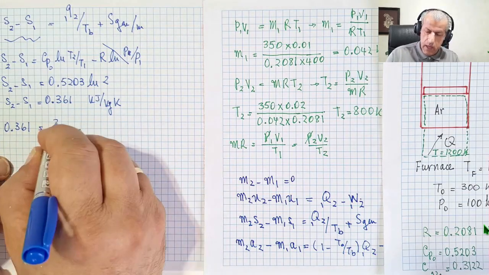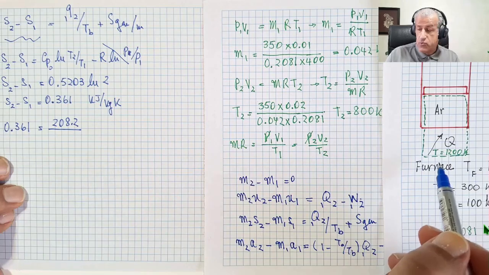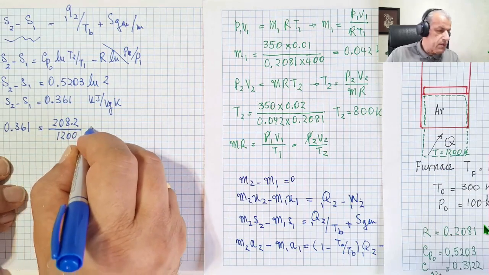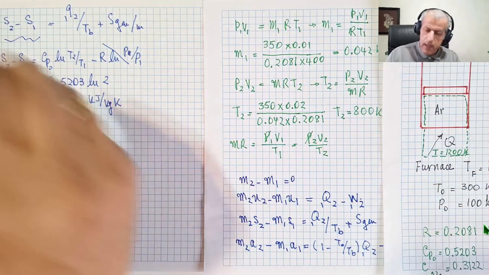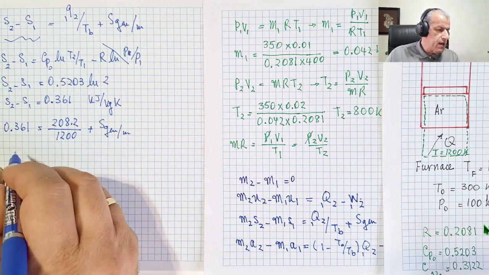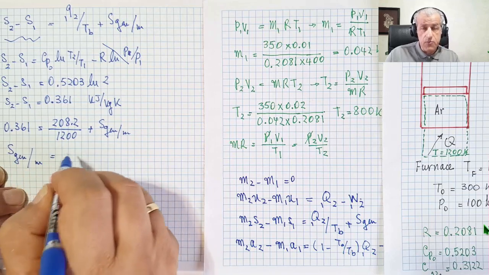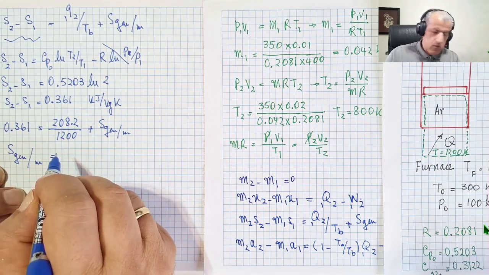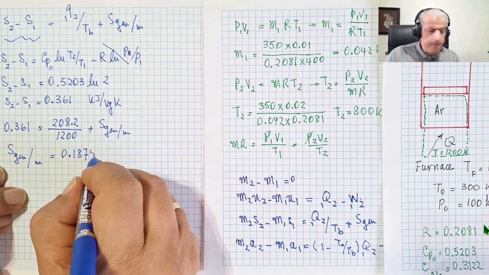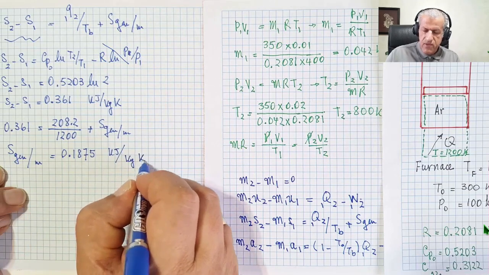It was 208.2, and the boundary temperature we have selected to be 1200 Kelvin, so it is 1200 plus S gen divided by m, and therefore S gen divided by m, the entropy generated per unit mass, would be 0.1875 kilojoule per kilogram Kelvin.